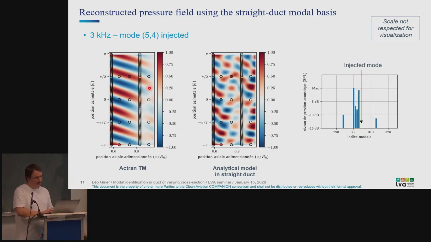Yeah, here there are several modes. So we did the projection, and this is the model. I did the projection on the black circle and reconstructed the pressure field with these identified modes, and that's what you get with the classic duct modes without any geometry variation. Is it leakage or scattering?